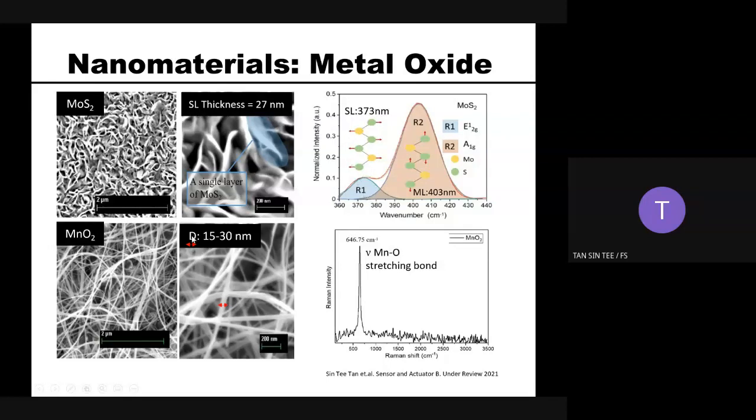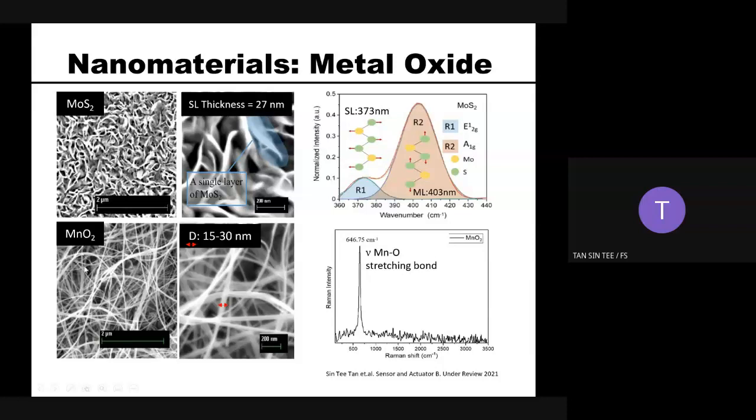Other than that, we are also trying our best to come out with another new type of nanomaterial called manganese oxide. The manganese oxide that we produce in our lab is mostly utilized in flexible devices, so our aim is to come out with a flexible nanostructure.